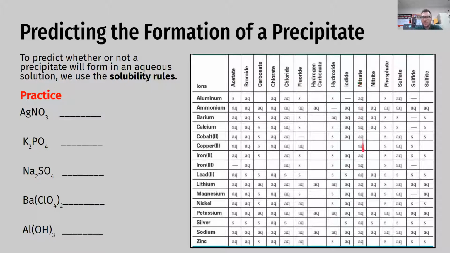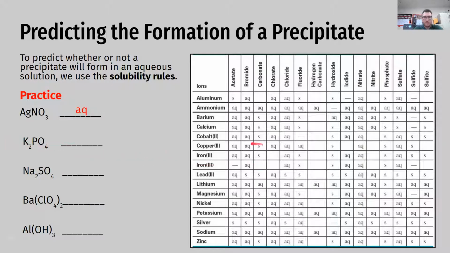So nitrate is here. When we make that intersection, we see that silver nitrate, AgNO3, has the AQ in that box, indicating that silver nitrate would form a solution. So in the case that we combine silver and a nitrate ion, we know that that would form some sort of solution.